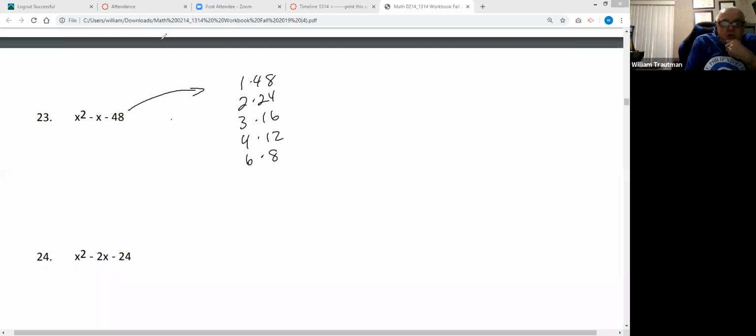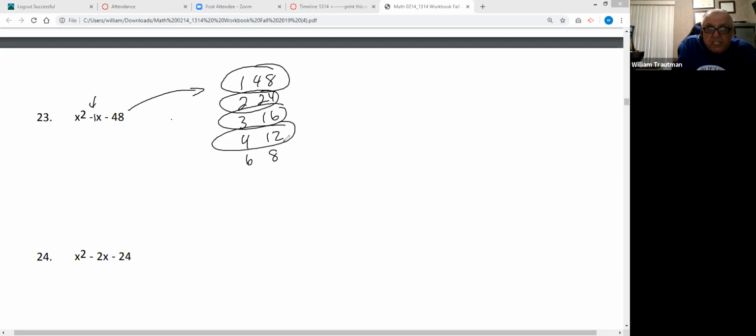Okay, so erase all the multiplications and try to add or subtract one of these pair to get a -1. You have to add or subtract to try to equal the middle term. How do I get a -1 out of one pair? I have to use this pair. I can't mix and match.